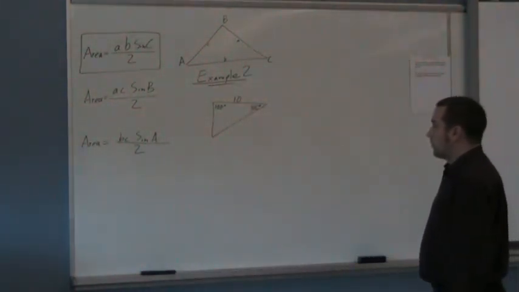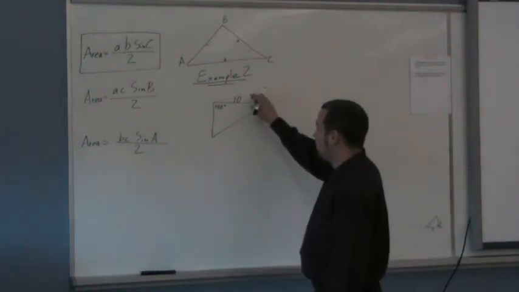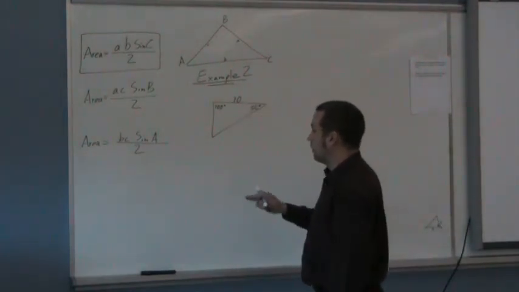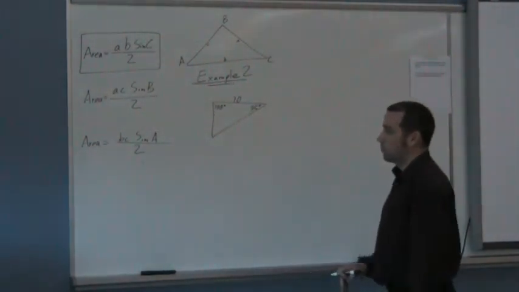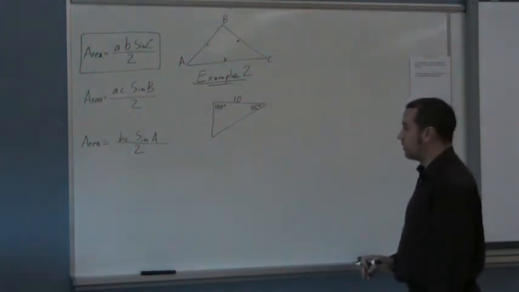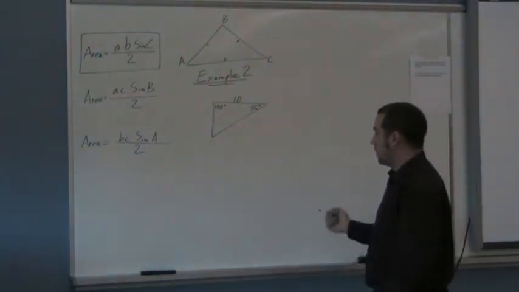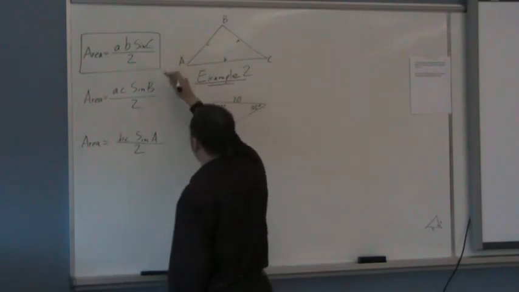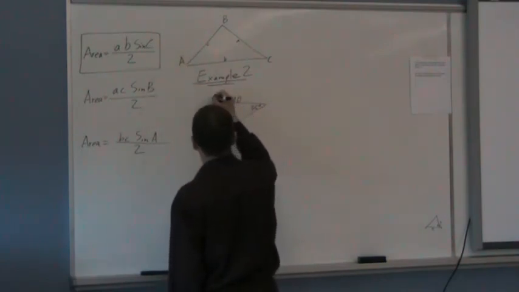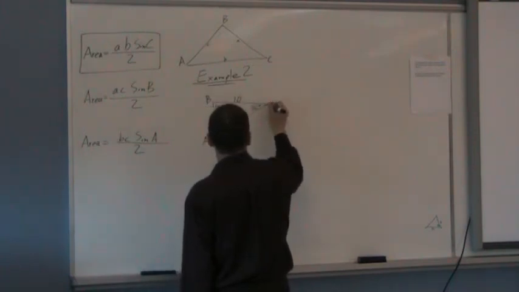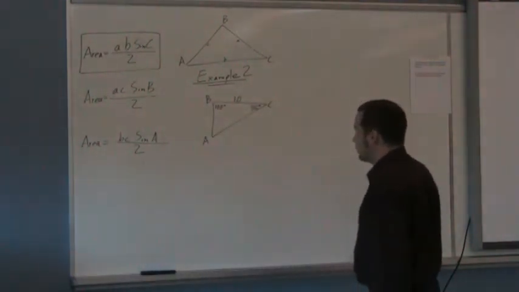Now notice in this one, I've only got 1 side length. No matter what, each one of these formulas requires 2 side lengths before I can solve it. So let's label our triangle, because I've got all 3 formulas here. I'm not really concerned about the order that I label it in. It really doesn't matter. Okay, so I fill that in.